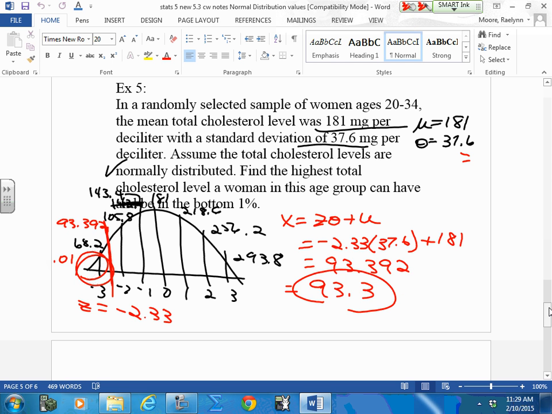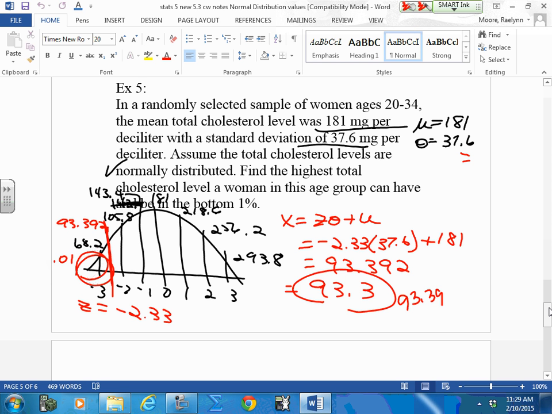They went to 93.39. If you ended up with a whole number, like 93.6, you still go down to 93. Now, let me show you a little trick on your calculator.